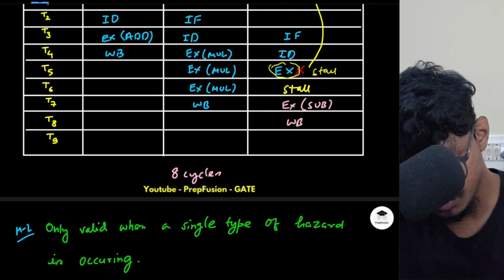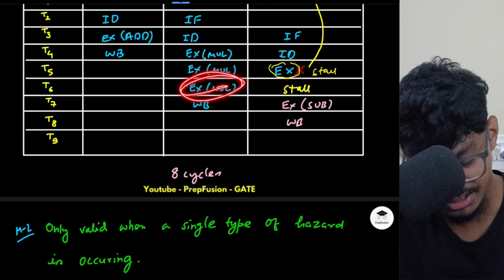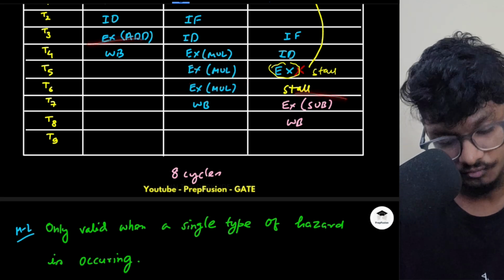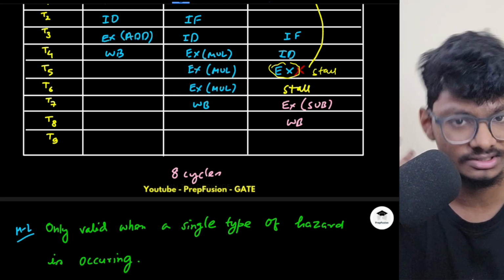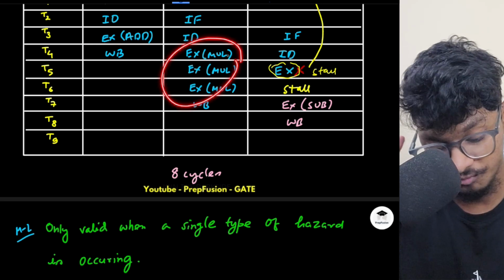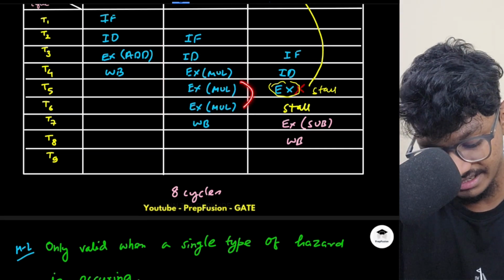So when will the resource be free? As soon as I finish the execution. For addition and subtraction, it takes 1 cycle only, so we don't have any problem. But for multiplication, I have to give 2 extra stall cycles.